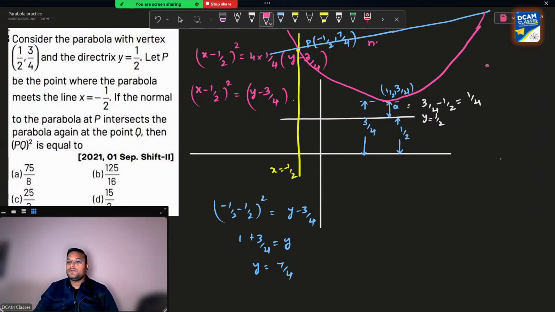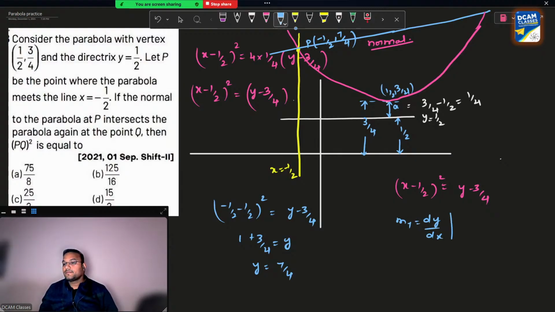See, let me show you. See, the normal, how do we find? We have found out the equation of parabola. It is x minus half whole square is equal to y minus 3 by 4. And we know the slope of the tangent is dy by dx at that point, minus half comma 7 by 4.